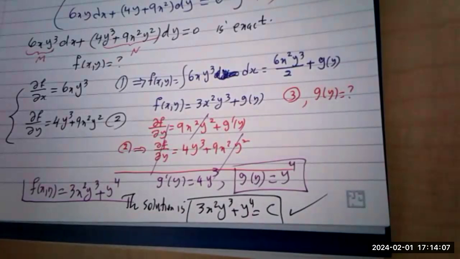How come it's equal to a constant? Remember the function f that we found: the differential of f is your differential equation, and the other side of your differential equation is 0. So the differential of this function is 0, or the derivative of the function is 0, so the function must be constant. So we let it equal to the constant.